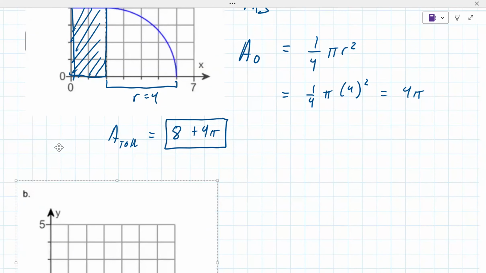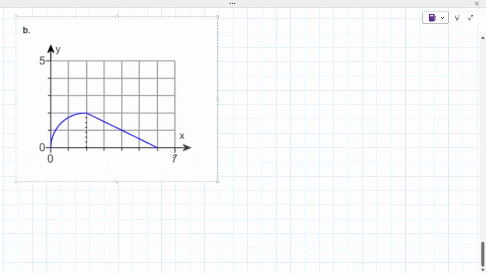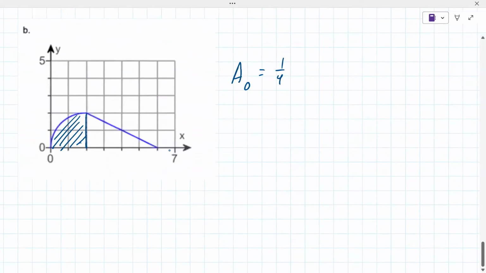Is that good? Yeah. All right, so the next one here, you've got another quarter circle. So that's 1/4 pi r squared. The radius this time is 2. Ends up just being pi when you simplify. Is the radius like the base? It is, yes.